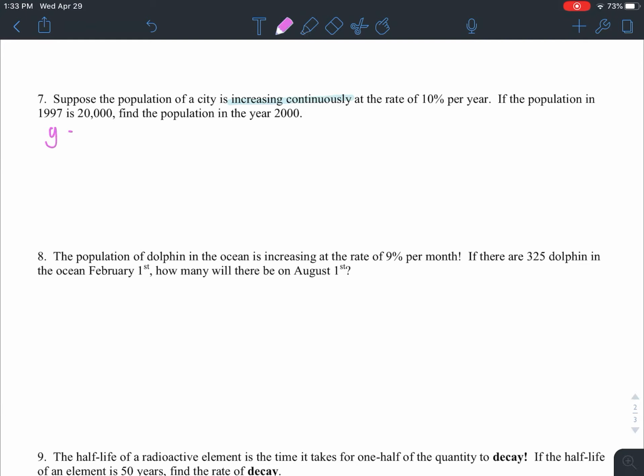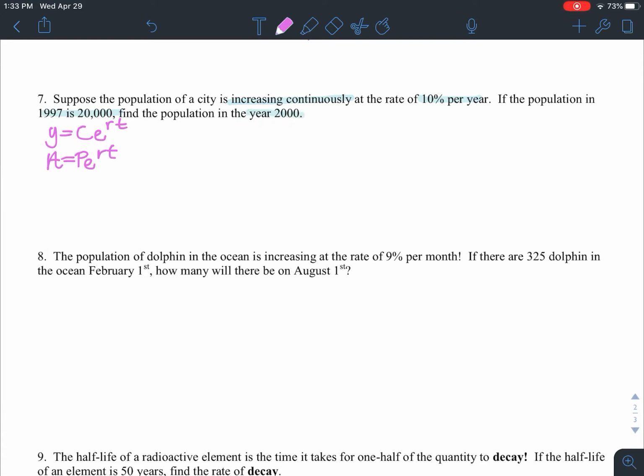Now we use the variables y equals c e to the RT. Do I care if you use a PERT? Not one bit. It's the same formula. At the rate of 10% per year. Notice our problem is in years. If the population in 1997 is 20,000, find the population in the year 2000.